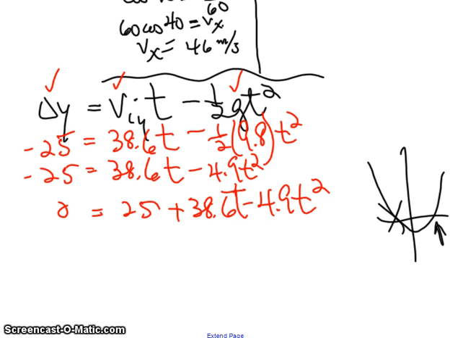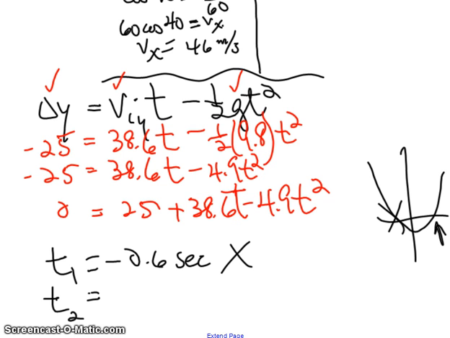So if you graph it, or if you solve it using the quadratic formula, you find out you have two solutions for the time. One is minus 0.6 seconds, which of course we reject, and the other solution is 8.48 seconds, which we then accept.